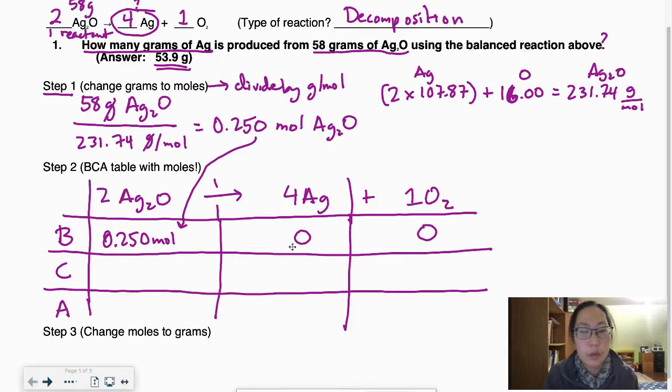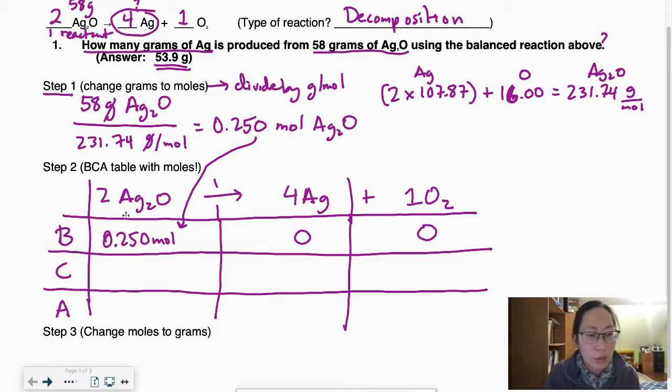No products. All right, so now we've got to figure out our change. Well, we're getting rid of all of this, okay, because that's our only reactant. So it has to react away completely. It basically is the limiting reagent, except in this case, there's only one reactant. So you don't need to worry about excess reactants or even the limiting reactant.